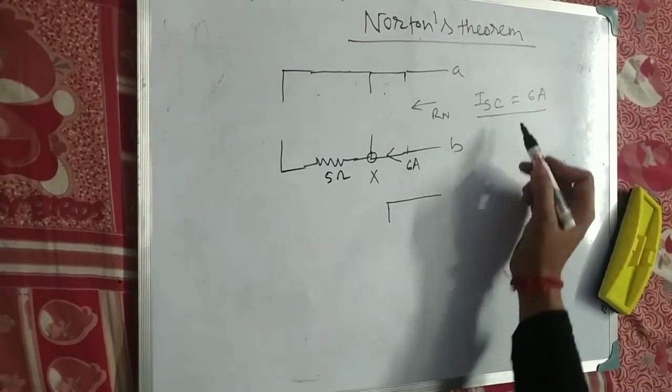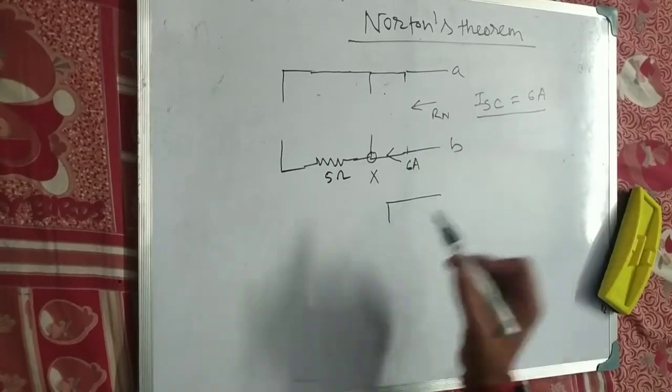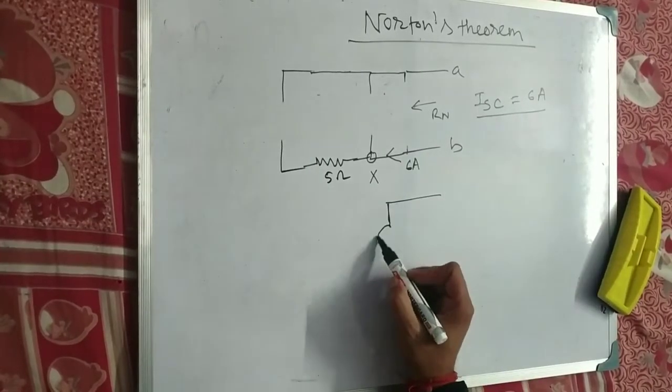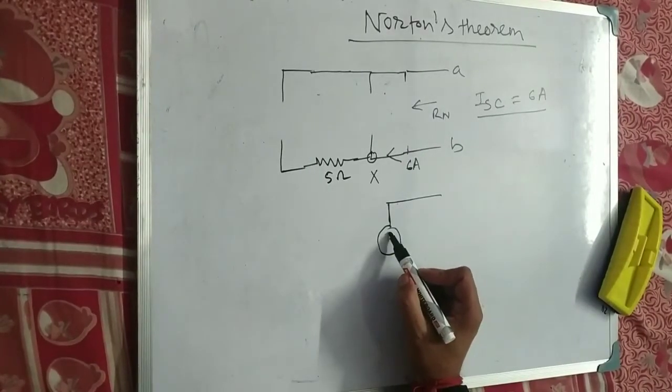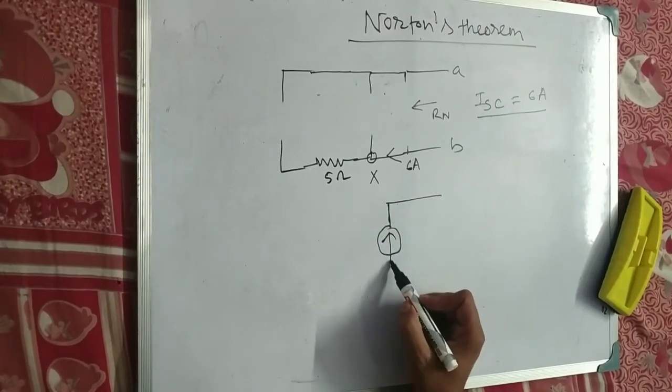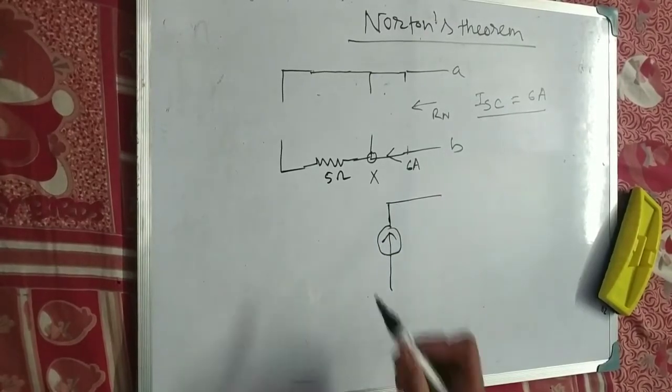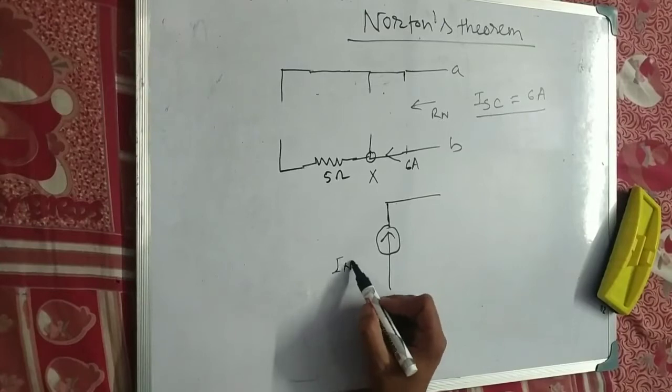For Norton, we have found the 6 ampere short circuit current. To draw the Norton equivalent circuit, we first draw the current source, I Norton equal to 6 ampere.